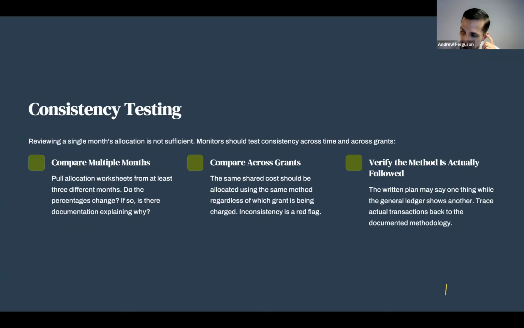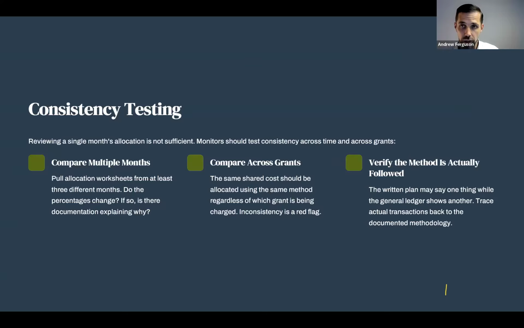Another thing, just along these lines, it's really important that it's being done consistently. I know I mentioned earlier that generally when I see a cost allocation plan not being applied consistently, it's when they have multiple grants that end in the same fiscal year.